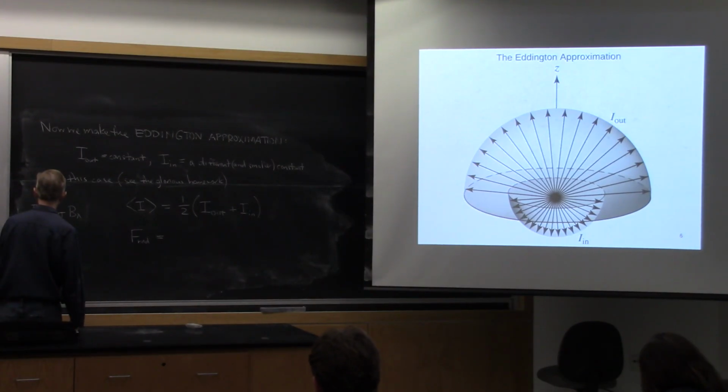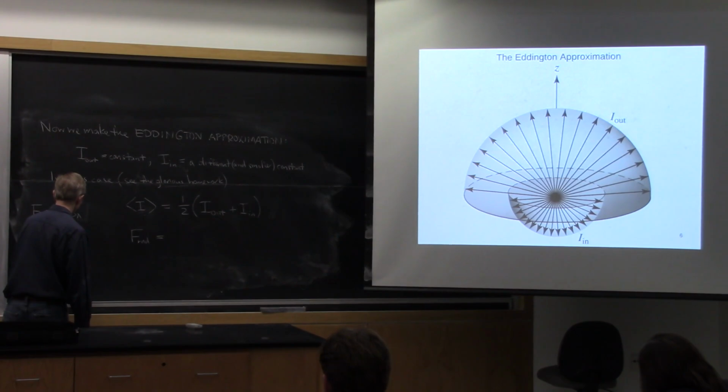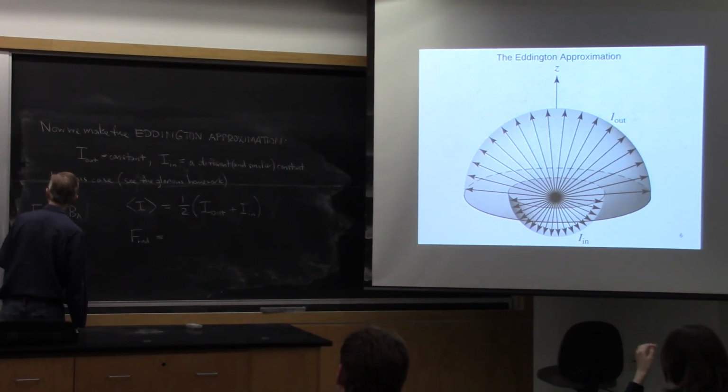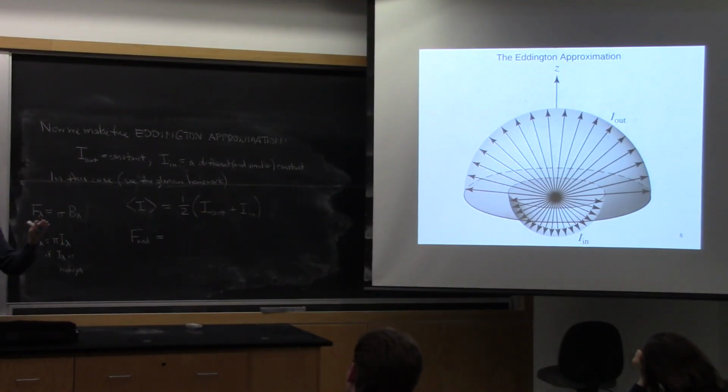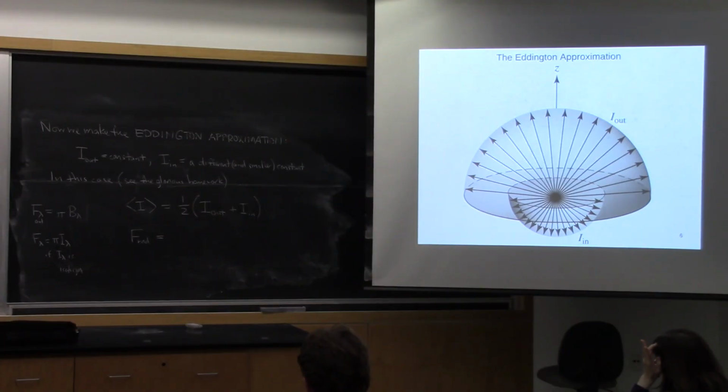So we can also say F lambda is pi I lambda if I lambda is isotropic. I should say F lambda in the outward direction, right? This is the one-sided flux, either the up flux or the down flux here. It's not the net flux when I do it this way.